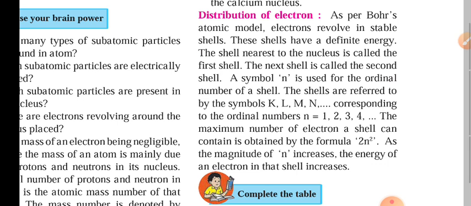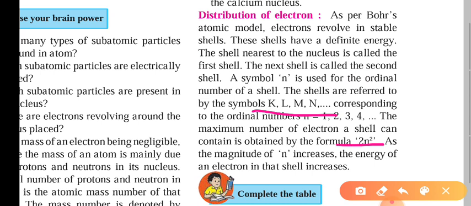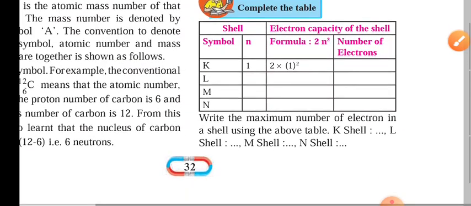The different shells have names K, L, M, N, also known as the first shell, second shell, third shell, fourth shell, and so on. The formula 2n², where n indicates the shell number, gives the number of electrons that particular shell can hold. For that, we can refer to this table.